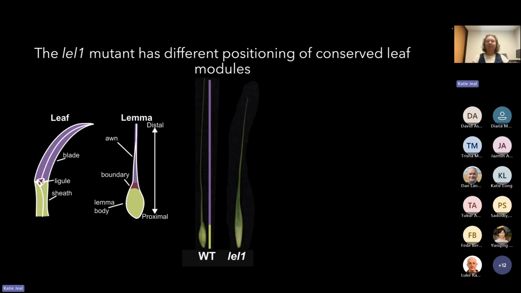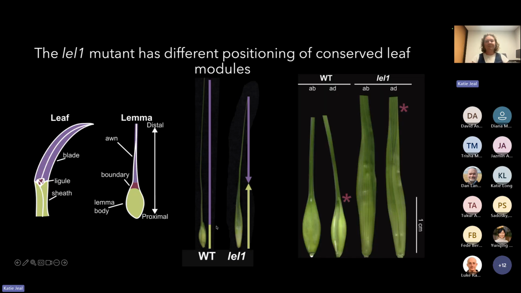So looking at our model of leaf-lemma homology in the leafy lemma lines we look at in our lab, we still see this structural shift. We see an elongated lemma body and a decreased awn length in comparison to the wild type, which is much more compact, and the transition from lemma body to awn is quite obvious.